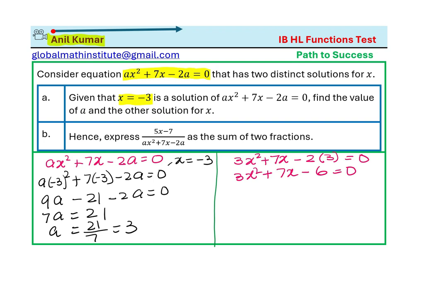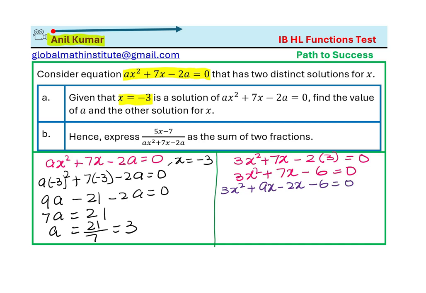So we are looking for two numbers whose product should be 3 times minus 6, which is minus 18, and the sum should be plus 7. So 6 times 3 will not work, but 9 times 2 will work, right? So we could split this as 3x squared plus 9x minus 2x minus 6 equals 0.